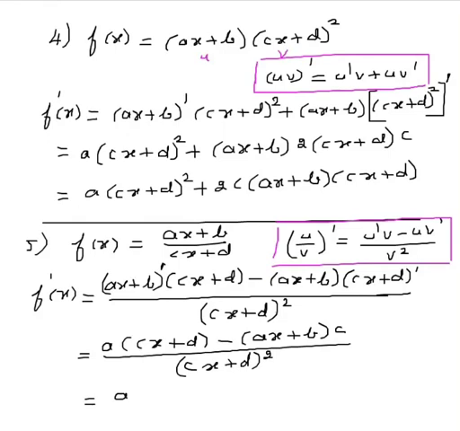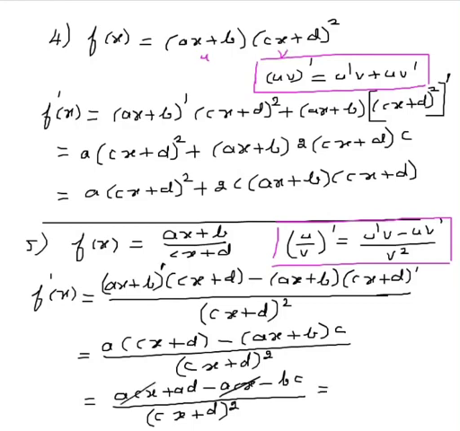No need to expand the denominator. You can give the answer as whole square in the denominator. The numerator is acx plus ad minus acx and minus bc. Distribute the negative sign. Divided by cx plus d the whole square. Therefore, the numerator is ad minus bc divided by cx plus d the whole square.